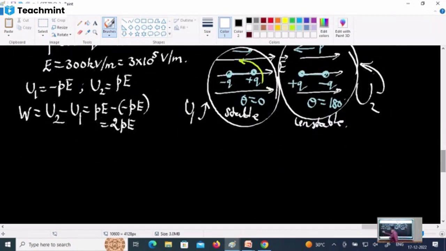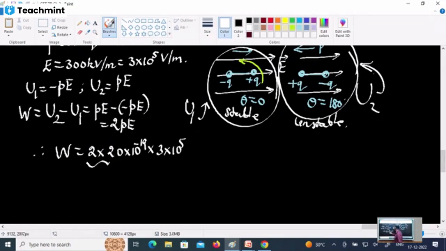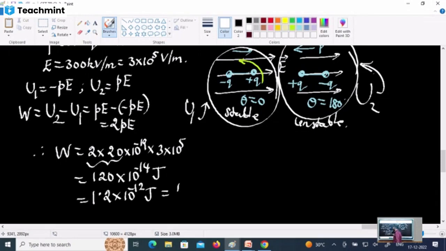Therefore, work done is equal to 2 times P, that is 20 times 10 to minus 19 coulomb meter, times the electric field, 3 into 10 to the power 5. 20 times 3 is 60, 2 times 60 is 120, into 10 to minus 14 joules. That is 1.2 into 10 to the power minus 12 joules. So 1.2 picojoules.